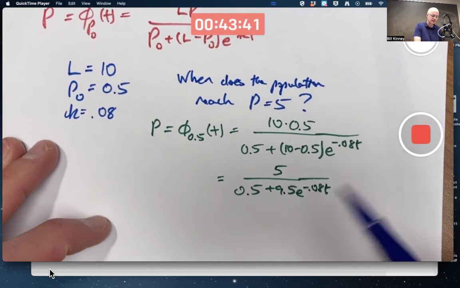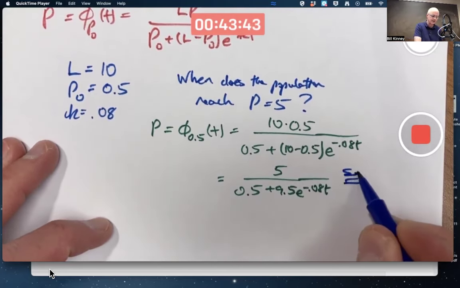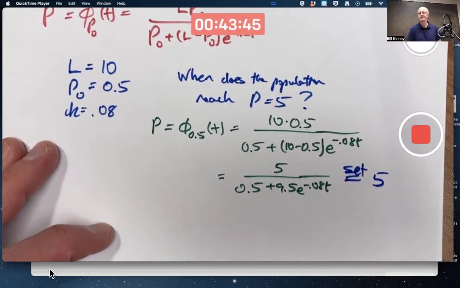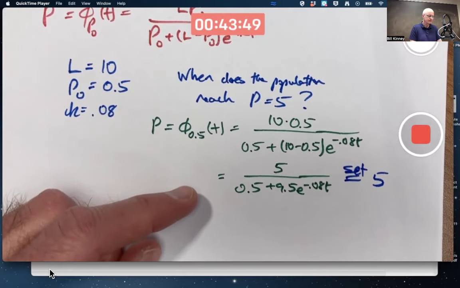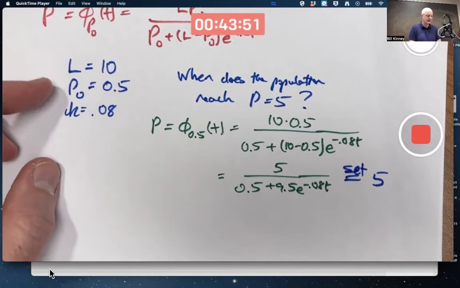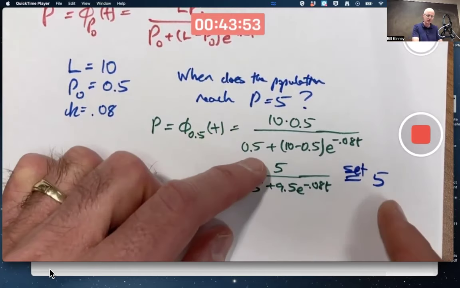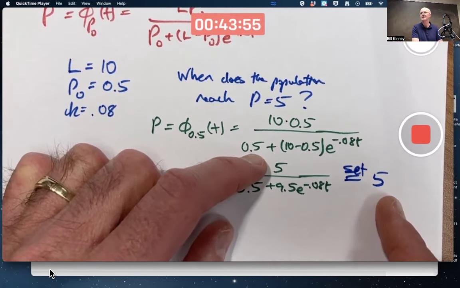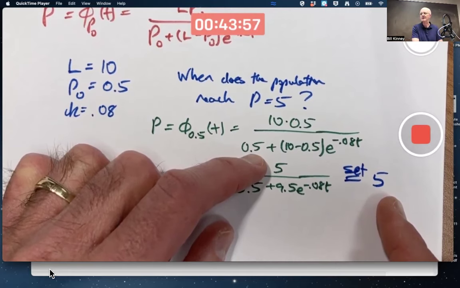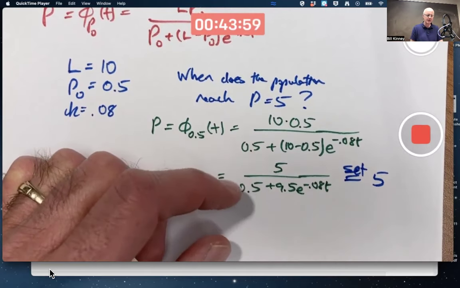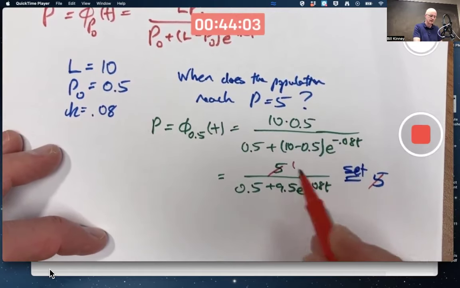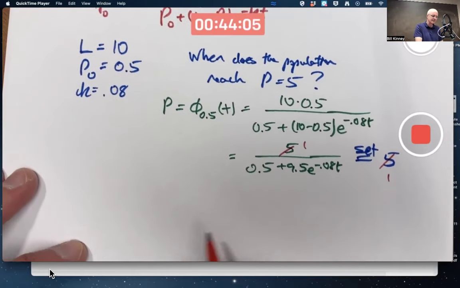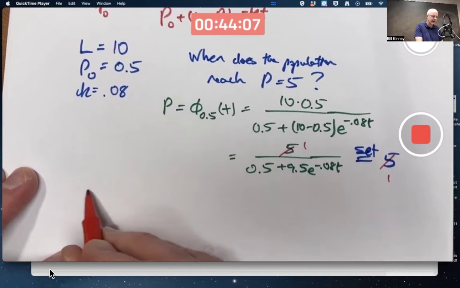I want to set this equal to 5 and solve for t. Now, it just happens to be the case, based on L and P naught, and what I picked there, that the numerators here are the same, 5. Didn't have to happen. But because they're the same, they both cancel to 1 effectively. And that ends up meaning this denominator here has to equal 1.